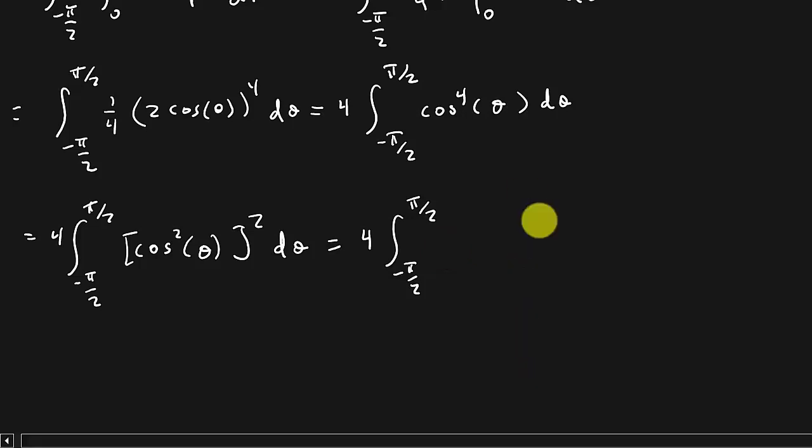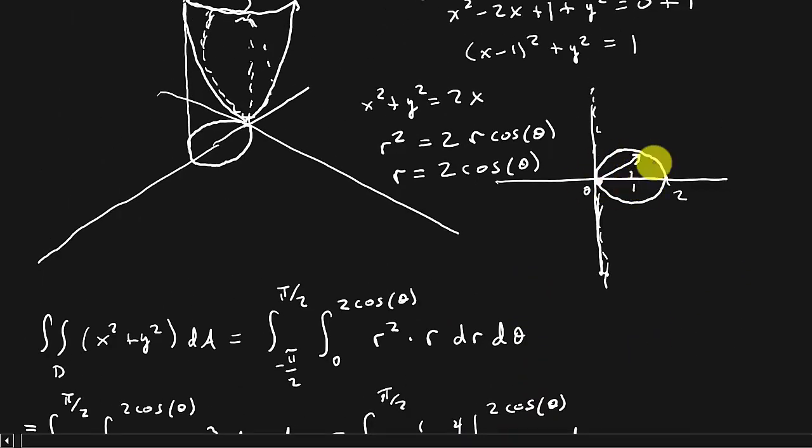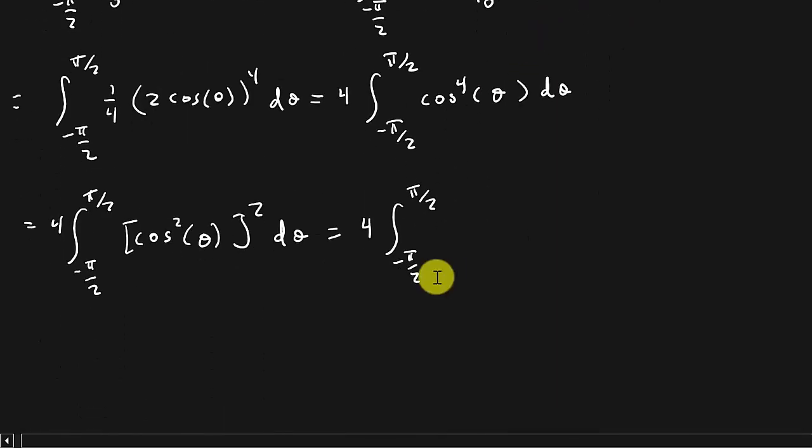But let's do this. I know that this thing is symmetrical, right? So if I do just this top half and then double it, that'll give me the whole thing. I can go from negative pi over 2 to pi over 2, or I can go from 0 to pi over 2.